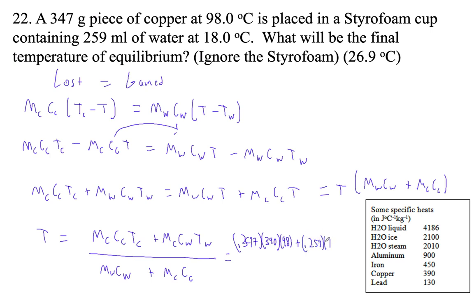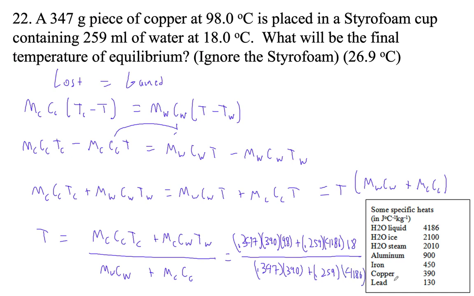C of water is 4186, which will make the water more important, right? And it's at 18. And then we're going to divide by 0.347 times 390 plus 0.259. I'm doing MCCC first.